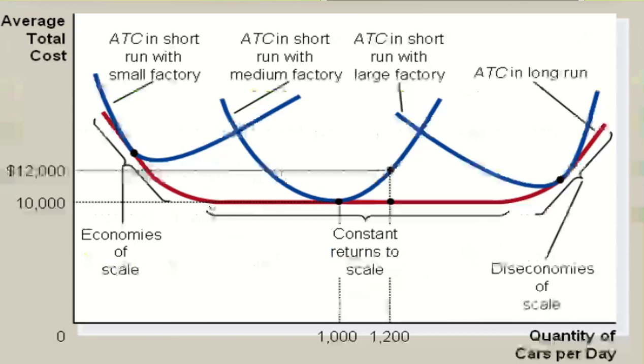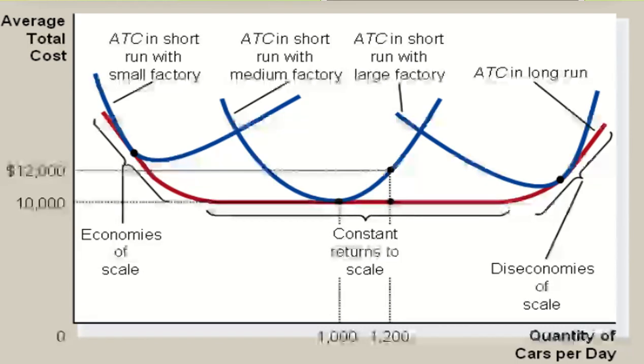Okay, this middle portion refers to constant returns to scale, which means that when long-run average total cost does not vary with the level of output, then they are said to be constant returns to scale.